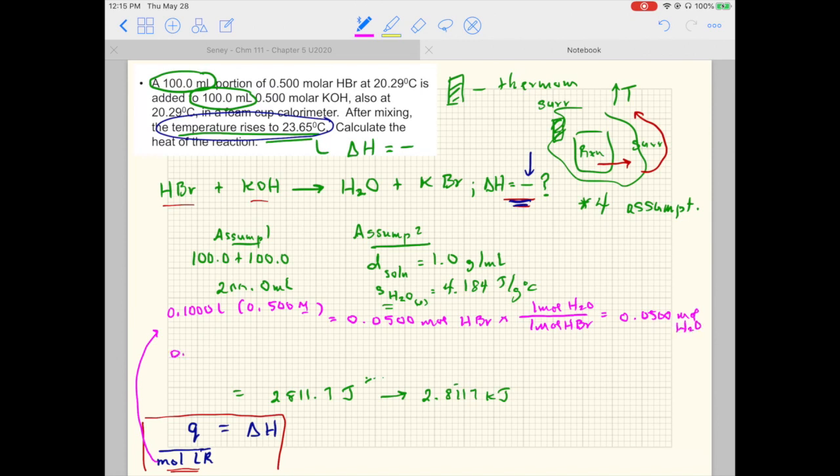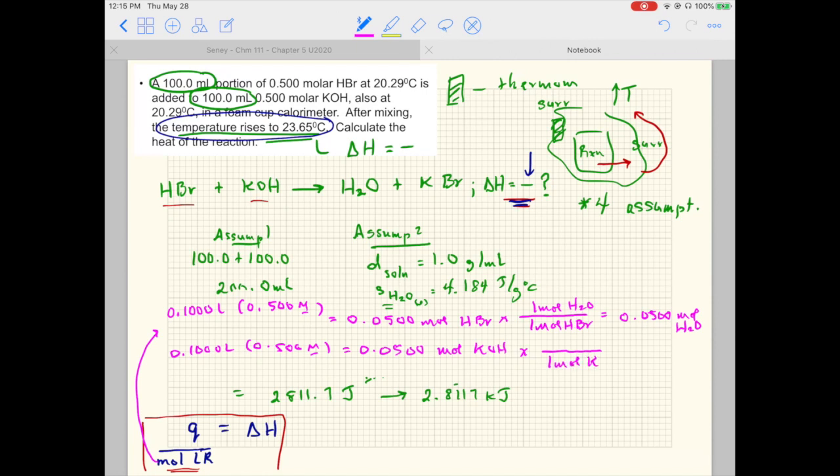We would do the same with my potassium hydroxide. There's 0.1 liters. Multiply it by the concentration, which also happens to be 0.5 molar. We end up with 0.0500 moles of potassium hydroxide. And we go back to the stoichiometry.